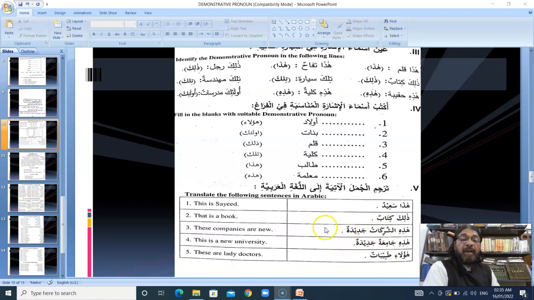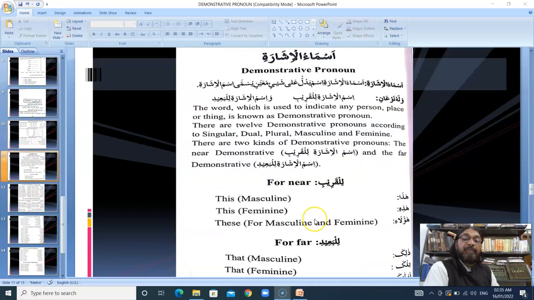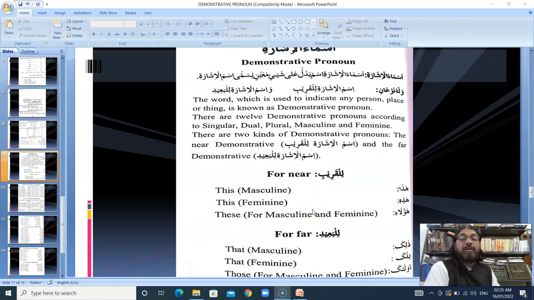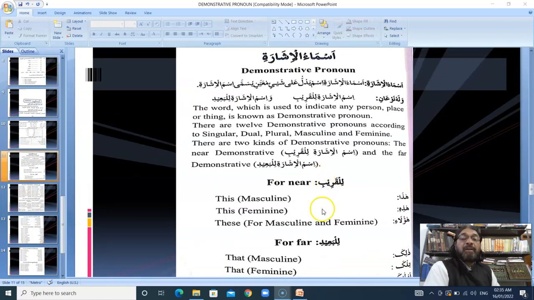So already I translated on the previous pages, so no need to repeat this one. Then after, this page is given from my book.